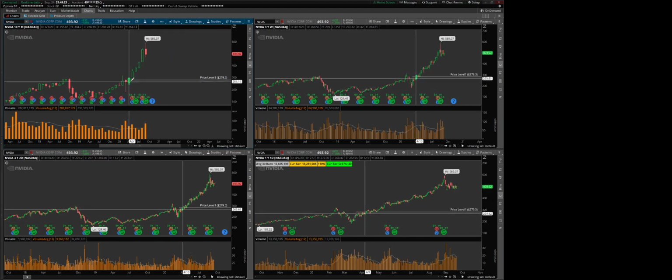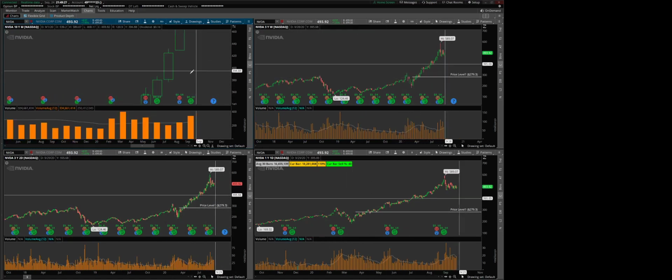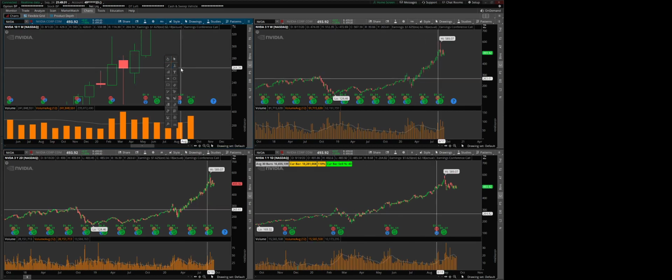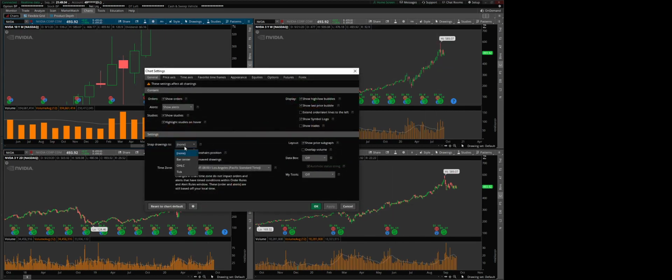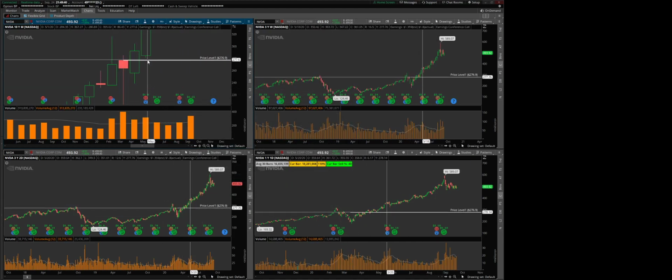So if I set it with none here, it's not going to be right at the open. It's going to be a little off. If you set it to snap open, high, low, close, you can get an easy snap on, and that's clean.